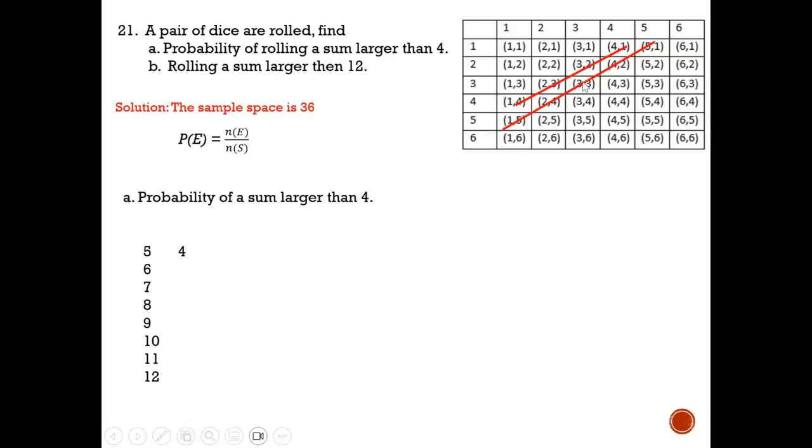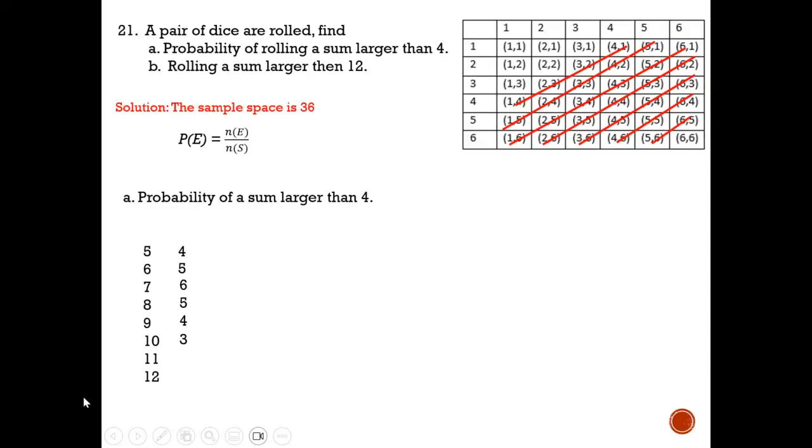So we have 1, 2, 3, 4, 5. The sum is 7, right? In a similar fashion, we're going to count these: 1, 2, 3, 4, 5, 6. And then 8 is going to be 1, 2, 3, 4, 5. 9 is going to be 1, 2, 3, 4. 10 will be 1, 2, 3.